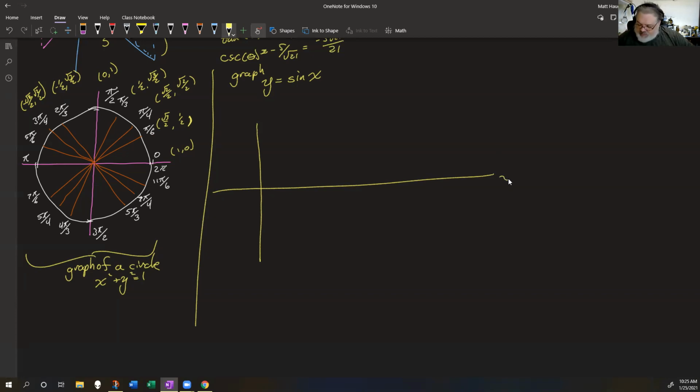So when we talk about x and y's here, this x is our input for our sine function. So this x is our angles. So instead of looking at our angles as kind of visually occurring, our angles are now listed out along that x-axis.